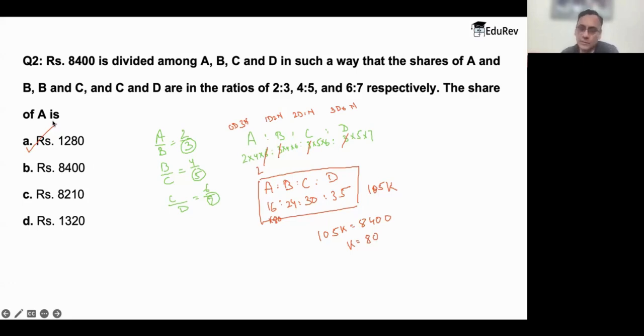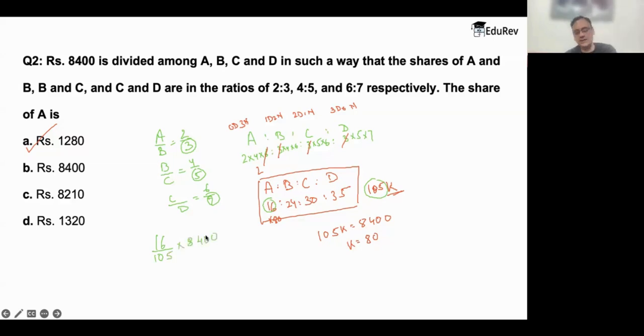The second method would be that I would not bother finding the K. And this I prefer because see, K has not been asked. Why do you want to waste your time finding K? So I will say A is 16 parts out of 105 parts. So A's share should be 16 upon 105 of total, which is 8,400.